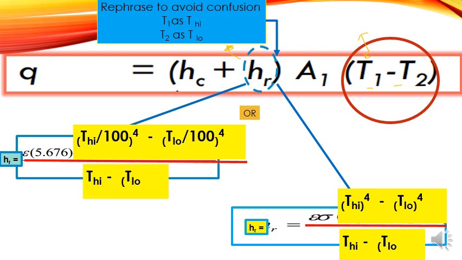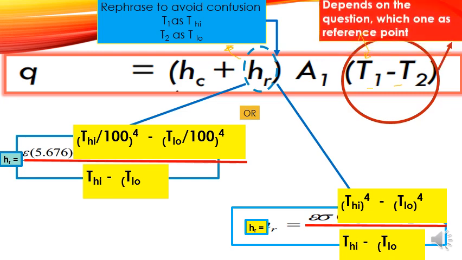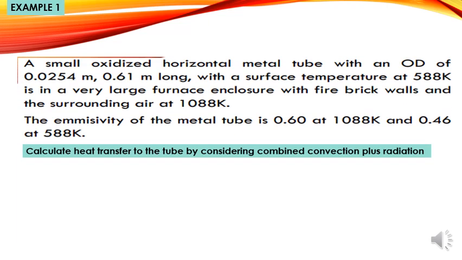Alright. Okay, let's do example 1. The question is given here, where a small oxidized horizontal metal tube with the dimensions given here, and the temperature of the metal tube is 588, and this metal tube is placed in a furnace where the surrounding temperature inside the furnace is 1088, and the emissivity values are also given at different temperatures.